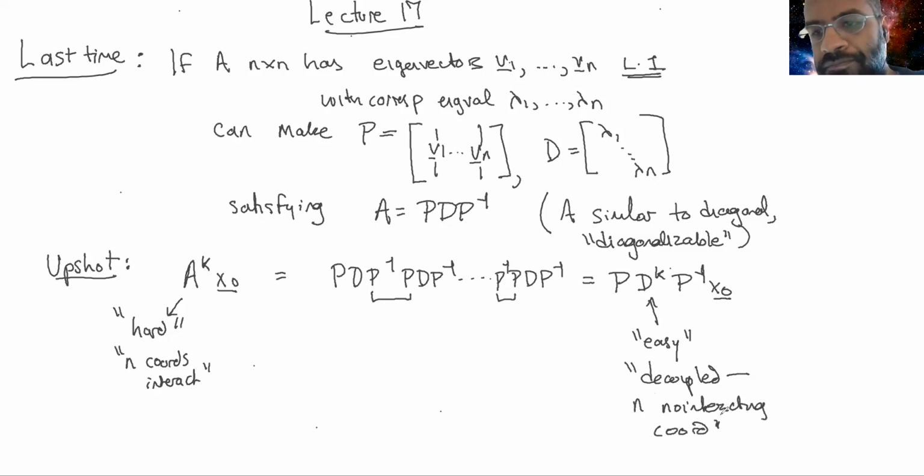And so I ended the lecture with a specific example, so let's just recall what that was. In the last lecture, there was the snowboarders and skiers problem, and once we encoded it as a linear algebra problem, the setup was that there was some matrix A, which looked like this.